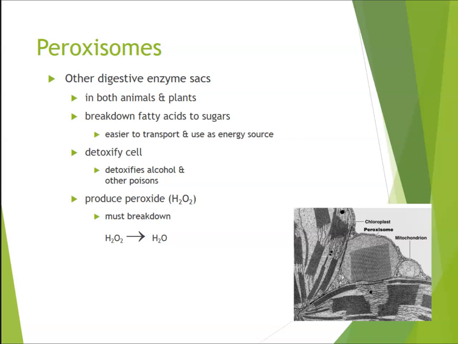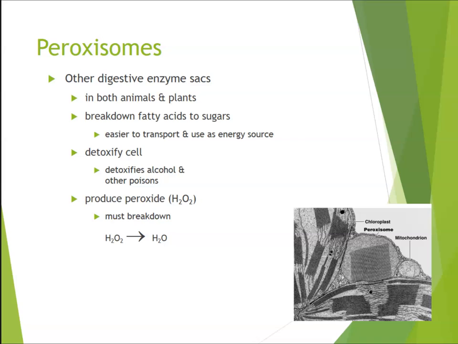Another type of digestive enzyme little container is called a peroxisome. These are the organelles that contain the enzyme that breaks down peroxide, right? We know that peroxide is deadly to cells, H2O2, as we talked about in our lab.